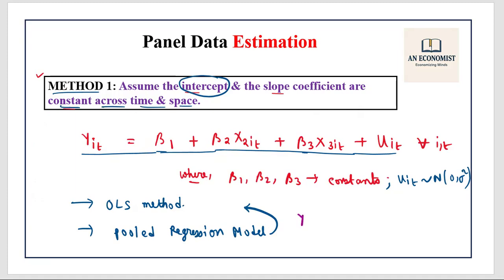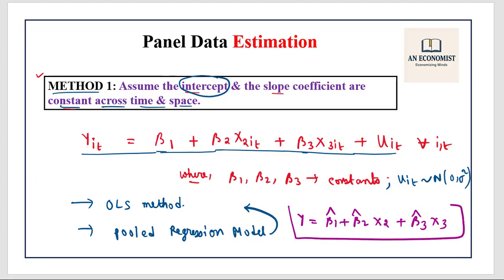You will get the value of y as the estimated value of beta 1 cap, plus beta 2 cap X2_it, plus beta 3 cap X3_it. So this will be the estimated model that you will get from here. It is known as the pooled regression because you are pooling together both the cross-sectional units and the time points, and you are combining them, treating it as a cross-sectional unit altogether.